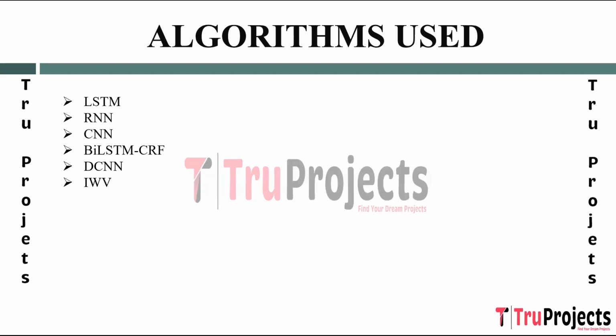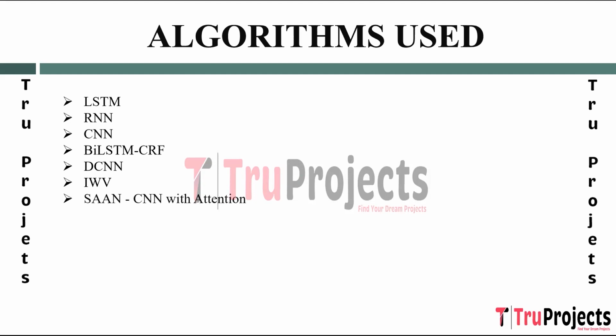IWV can improve the representation of rare or out of vocabulary words and enhance the performance of neural network models in tasks like sentiment analysis. In the project, IWV can be integrated into the sentiment analysis model to improve the quality of word embeddings and capture fine-grained semantic information from text data.